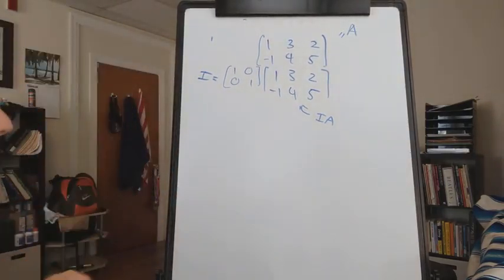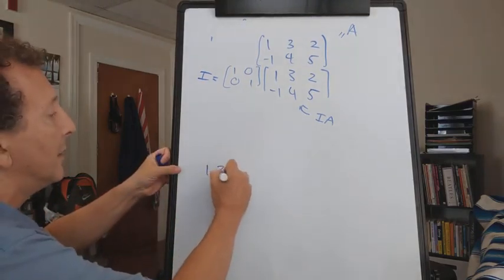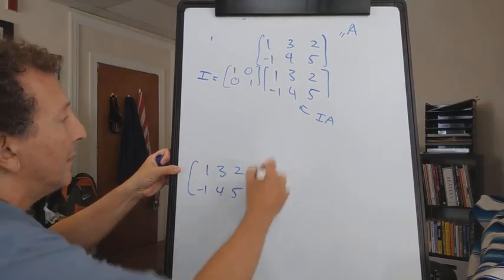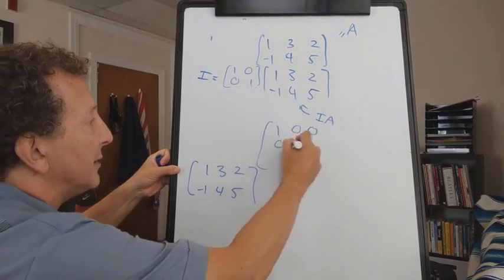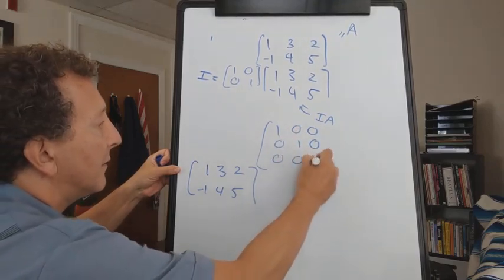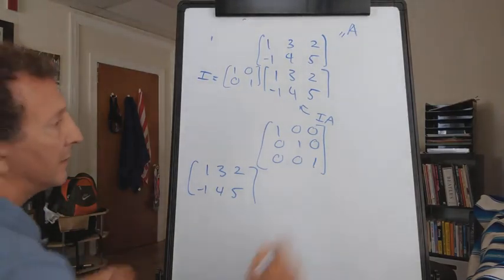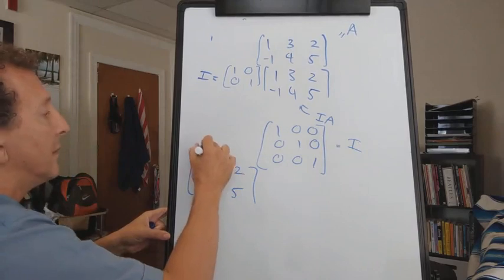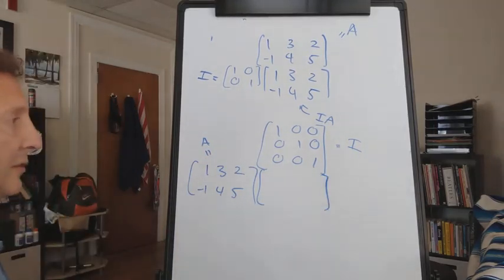And if I want to multiply that on the right by the identity, then I'm talking about the 3 by 3 identity matrix. My product answer is going to go right here.